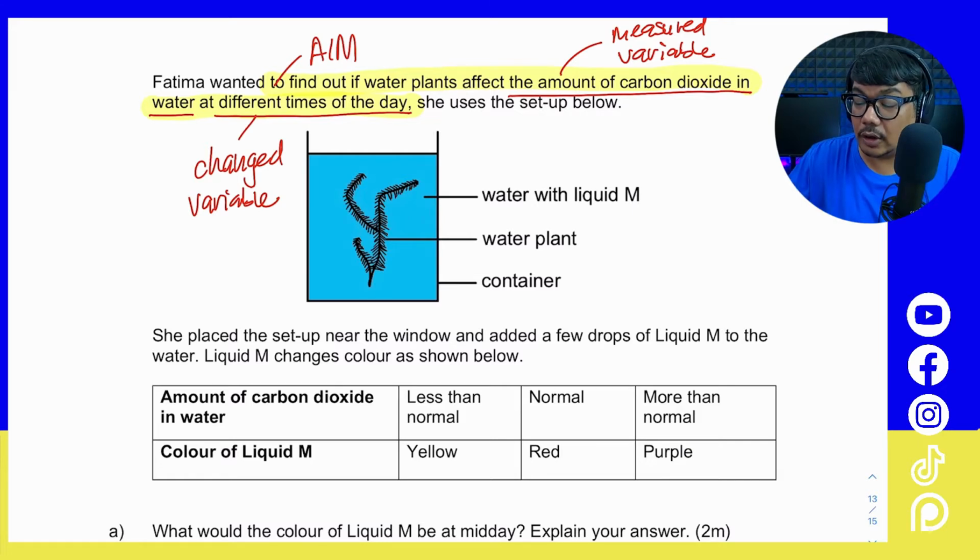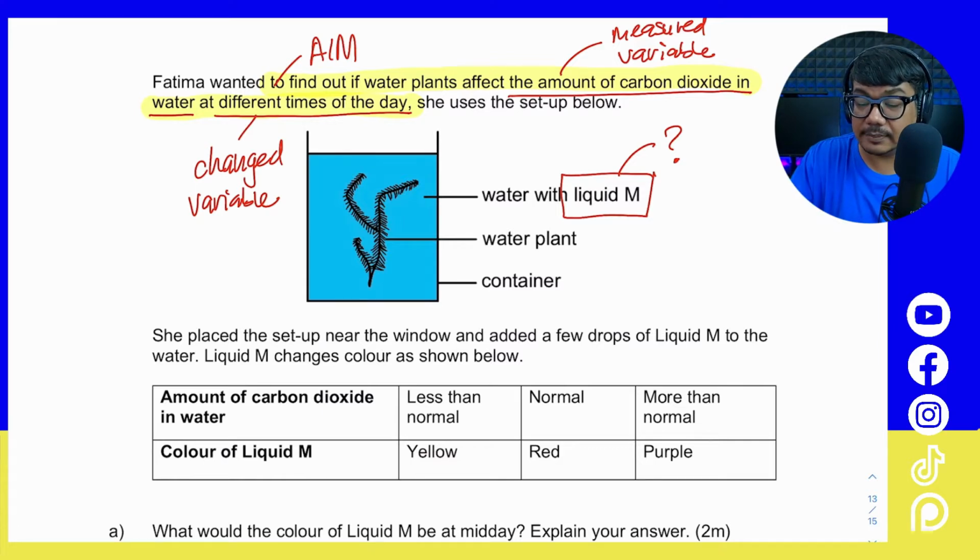So I've got water with liquid M. I do not know what this liquid M is. We'll see later on if they tell us what liquid M is or what it does. Next, I've got my water plant and a container there.